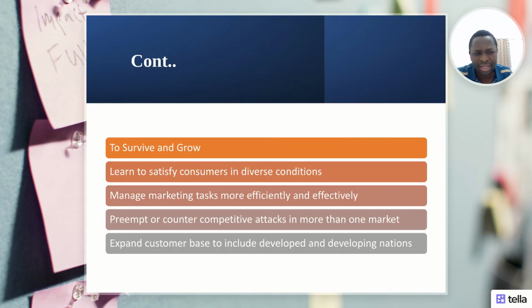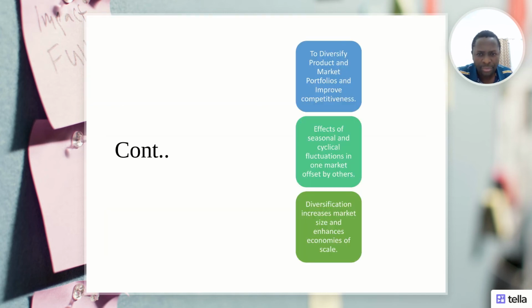Companies go global so that they can survive, so that they are in a position to satisfy their global customers in diverse conditions, to preempt and counter competitive attacks which may be coming from the local markets, and also to expand their brand to other countries.